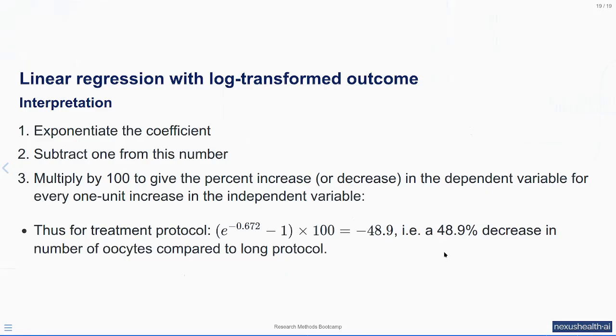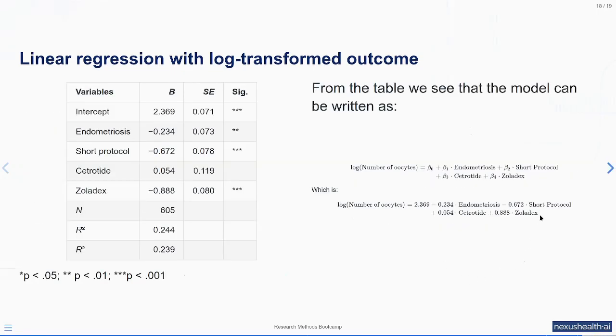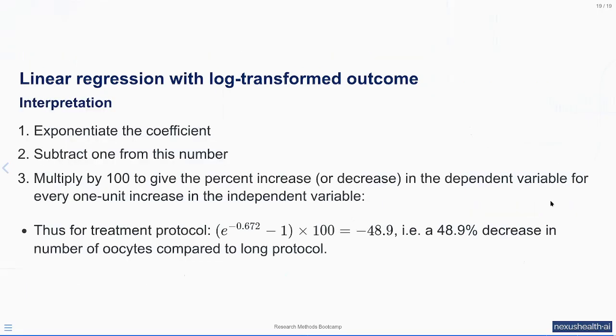For treatment protocol, for example, recall that the short protocol is given by the coefficient minus 0.672, and it is either used, represented by 1, or not used at all, represented by 0. If you plug that in here, we have e to the power minus 0.672, minus 1, times 100, and this gives us minus 48.9.